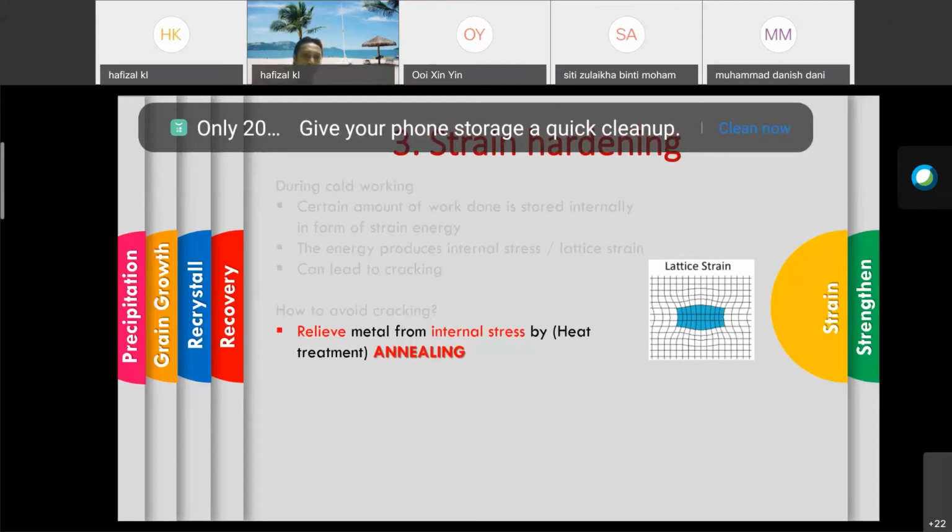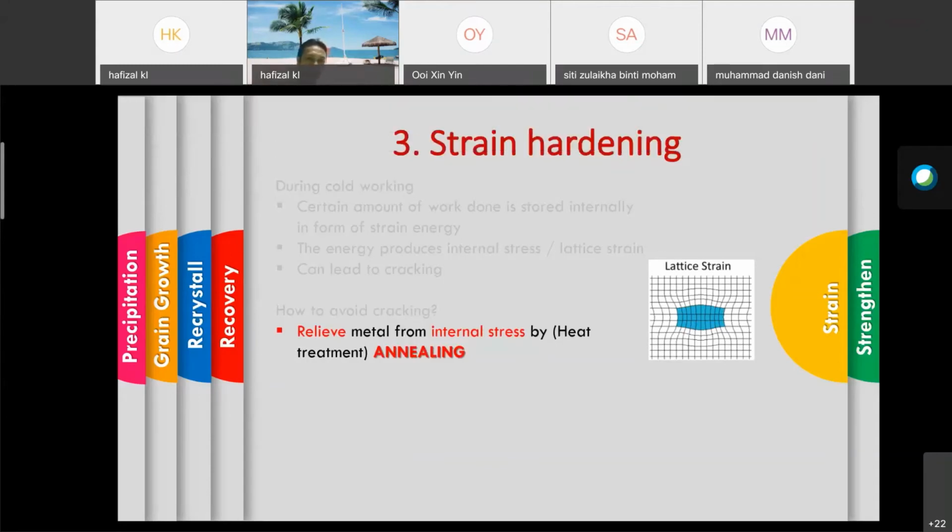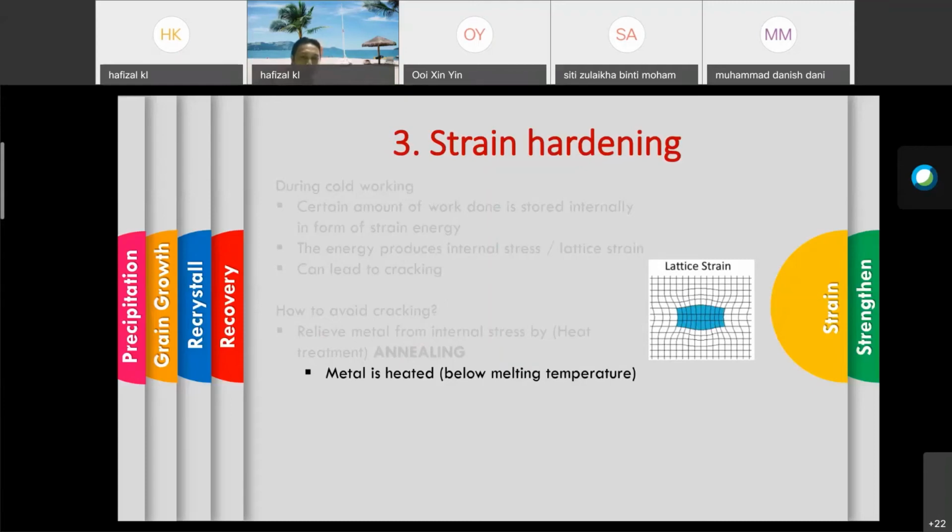The heat treatment is basically where we introduce heat, which we call the annealing process. It will relieve the internal stress or lattice strain. The annealing process is a process where the metal is heated to a temperature below the melting temperature of that material, so that the metal releases the stress in this region.